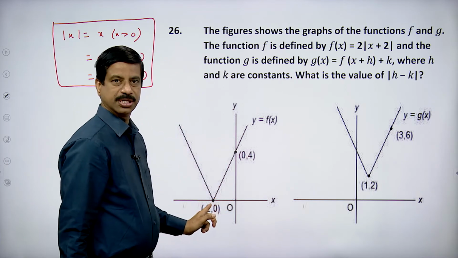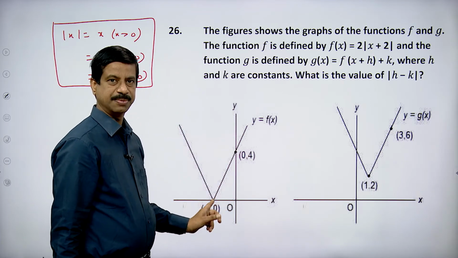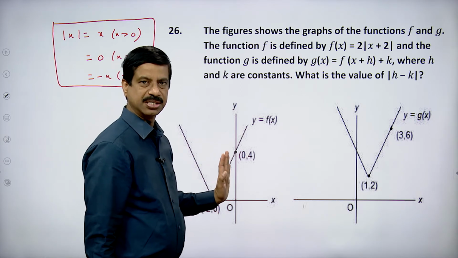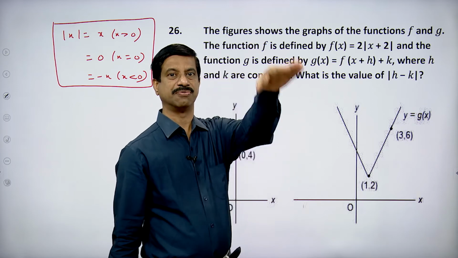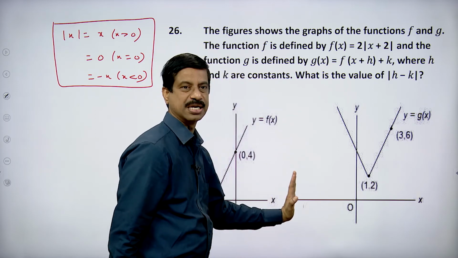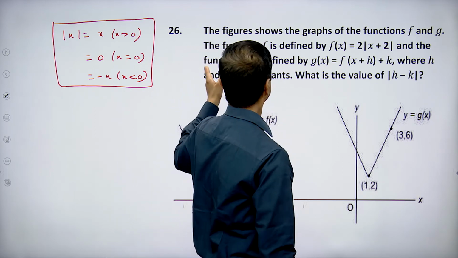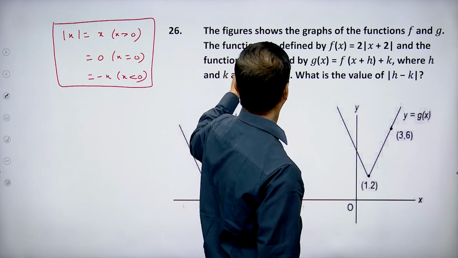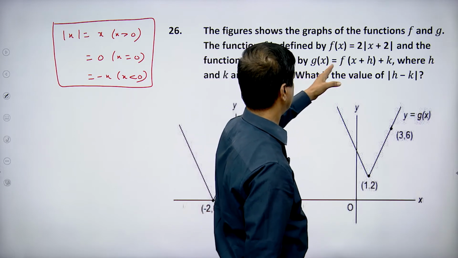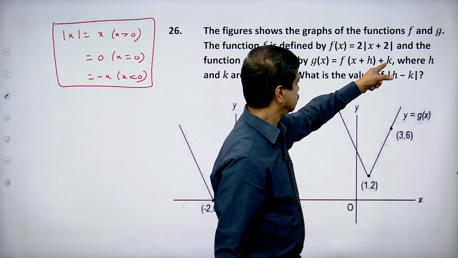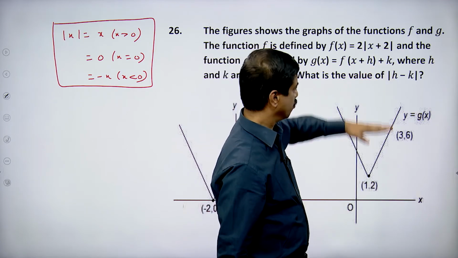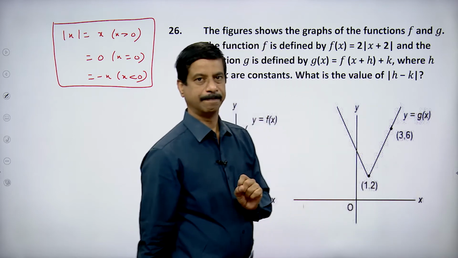So it has gone this side, minus 2. Now if it would have been x minus 2, if it is 0, x equal to 2, so it should have moved to the right like that. And the function g is defined by g of x equal to f of x plus h plus k. See, this plus k is either moving upwards or downwards.